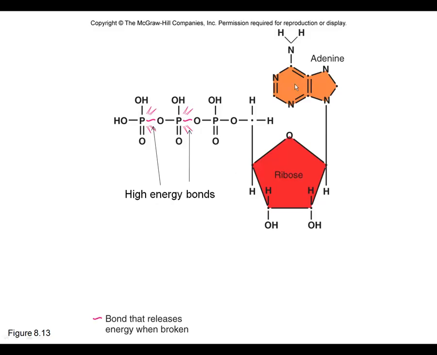So here we have our adenine, we have our ribose, and then we have our 1, 2, 3 phosphates. If you'll look here, between the first and the second phosphate we have a high energy bond, and between the second and the third phosphate we have another high energy bond. When those bonds are broken, energy is released, and now that energy is available to do whatever work is required for that cell.